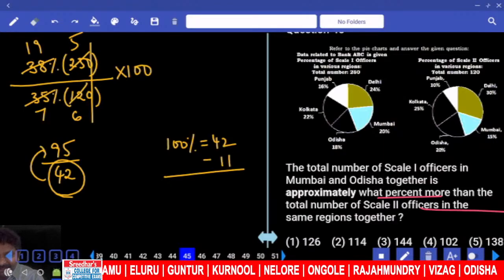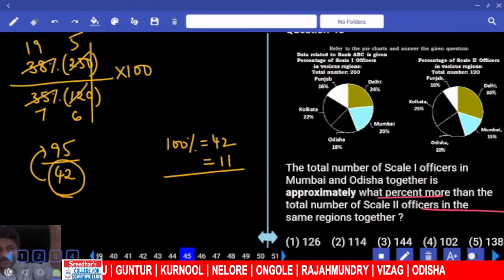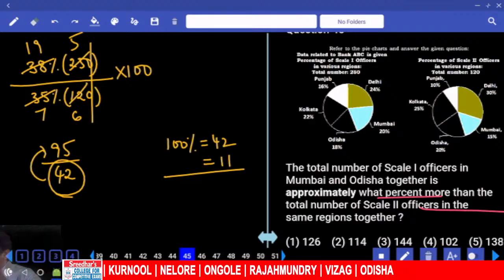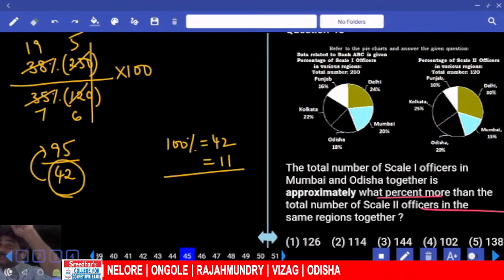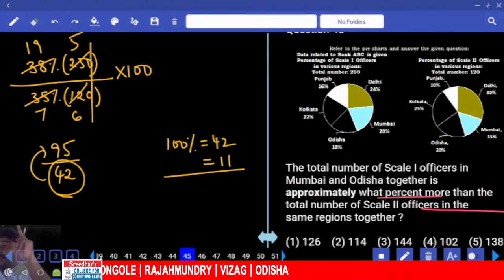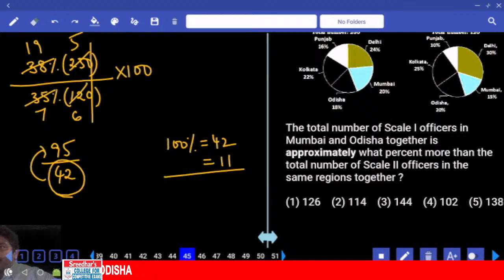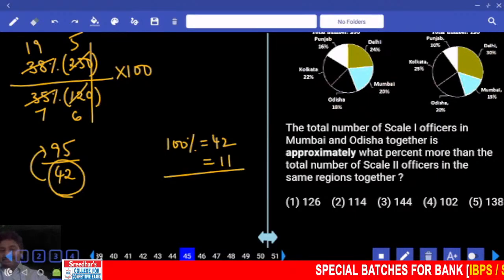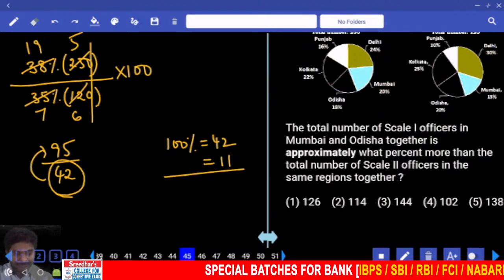So 11 is more than 25%, but less than 30%. So final answer should be more than 125, less than 130. Go to options. More than 125, less than 130. How many? Only one. 126 final. Clear?